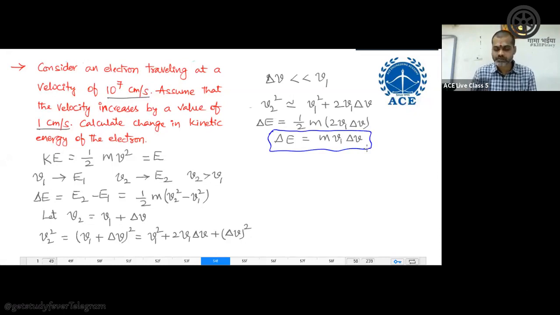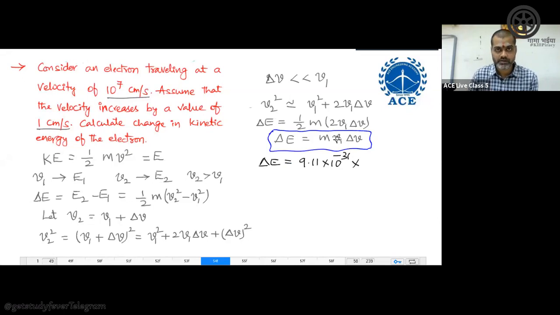Now you just substitute the values. What is the mass of the electron? If the mass is not mentioned, you can take the actual mass, which is 9.11 into 10 power minus 31 kg. Please be very careful when substituting the numericals.